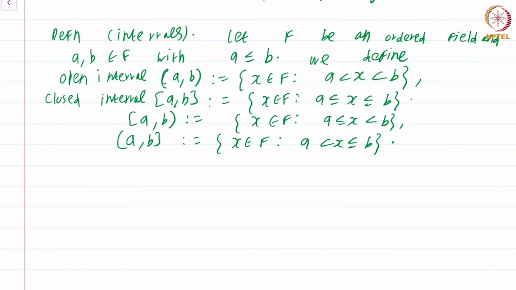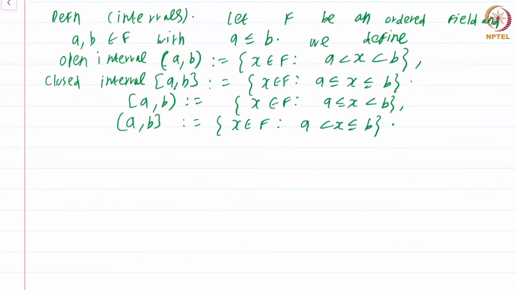Let me just make this remark: don't get confused between the ordered pair (a,b) and the open interval (a,b). Both have exactly the same notation, and not a single instance in your mathematical life should you ever get confused which is which. So now that we have defined what these intervals are, we can state the nested intervals theorem.